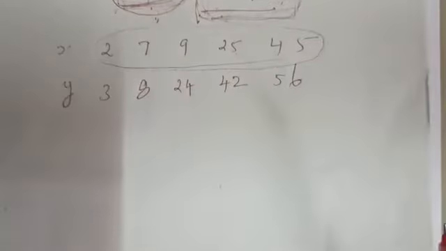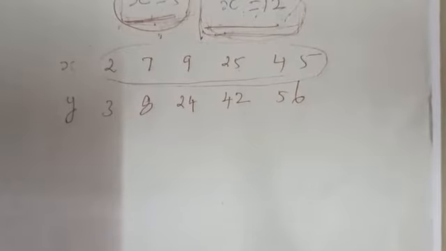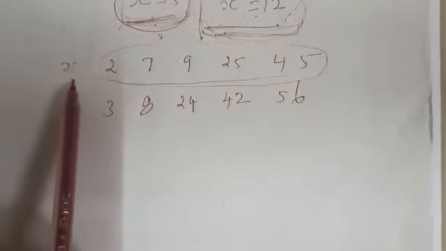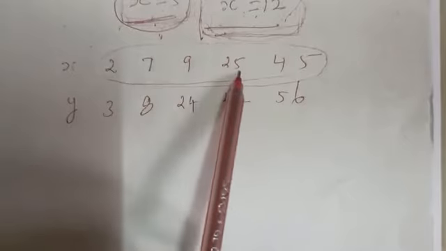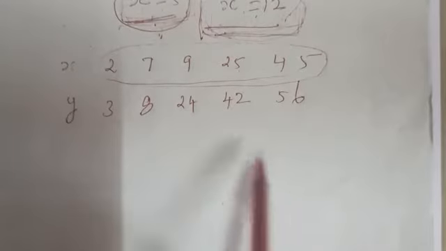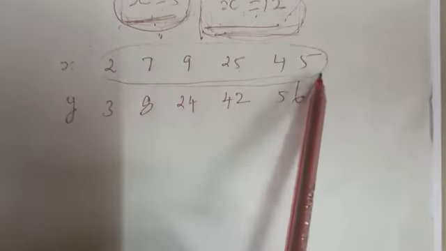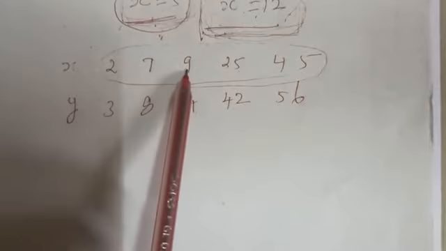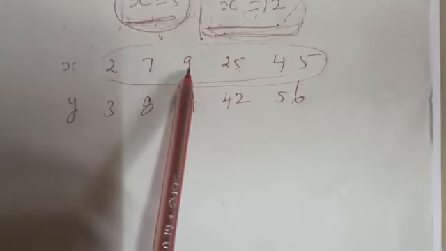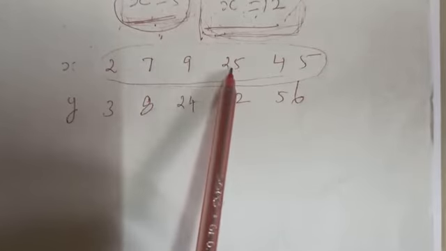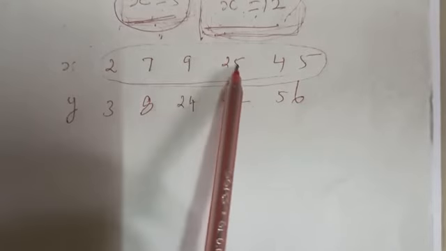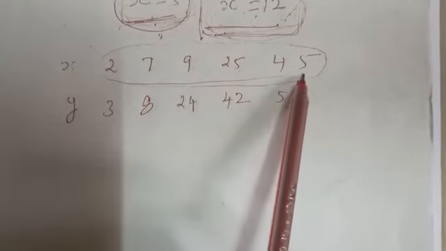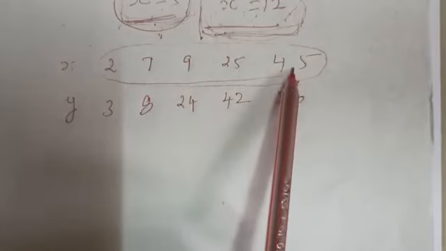The second method in interpolation is for unequal intervals. The x values are 2, 7, 9, 25, 45. Here the difference between the first two x values, 2 to 7, is 5, and 7 to 9 difference is 2, and 9 to 25 difference is 16, and 25 to 45 difference is 20.